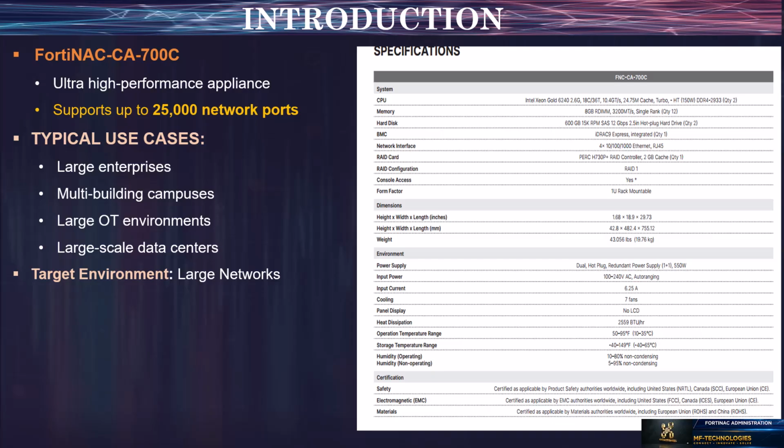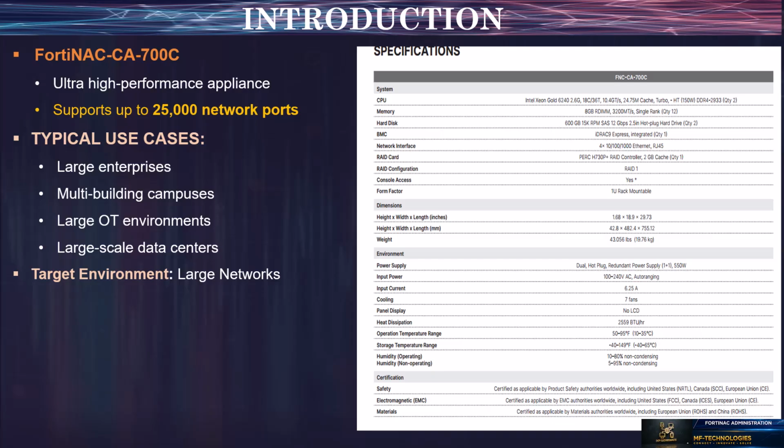Think of environments such as large financial institutions, multinational corporations, international airports, large university campuses, or industrial companies with multiple manufacturing plants. All these organizations may have thousands of switches, hundreds of wireless access controllers, tens of thousands of users, and thousands of OT and IoT devices operating simultaneously.